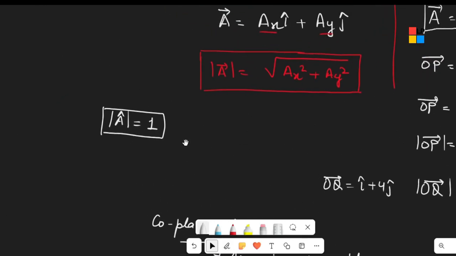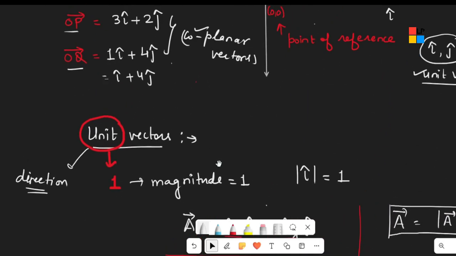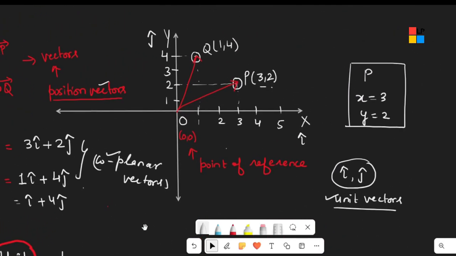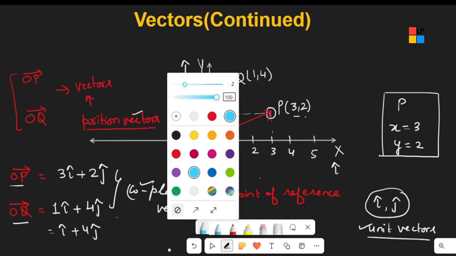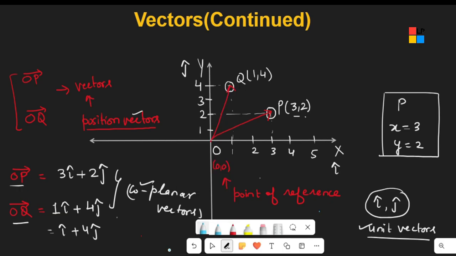One more point in this video which I want to include is the displacement vector. Now coming back to this original diagram, if I just mark the distance here, for example OP and OQ, what is the distance between P and Q?